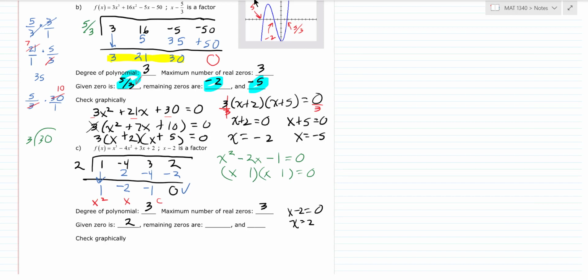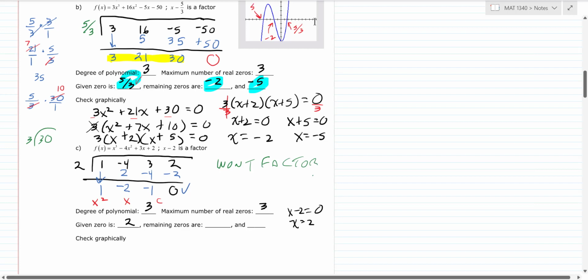But the only way to make 1x and 1x add up to -2 is to have 2 negatives. That is wrong, because the last term, -1 times -1, is supposed to be -1, and it isn't. So this is an example of one that does not factor. You're going to run into that sometimes, so there is no factoring that you can do in this particular problem. Be careful about that.